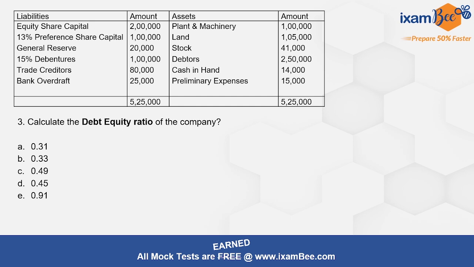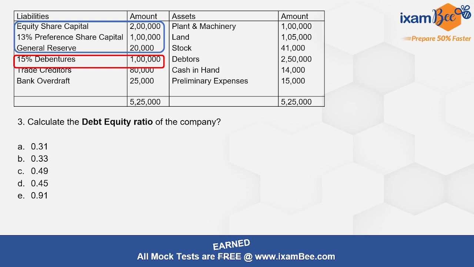Now we will be calculating debt equity ratio from the same information. So the formula to calculate the debt equity ratio is debt divided by shareholders fund. Here debt means long-term debt. We have debentures as the only long-term debt here. In the shareholders fund we have equity share capital, preference share capital and general reserve. But the thing to remember is we do have preliminary expenses also in the asset side. Preliminary expenses are expenses which are incurred prior to incorporation date and are written off over the period of time.